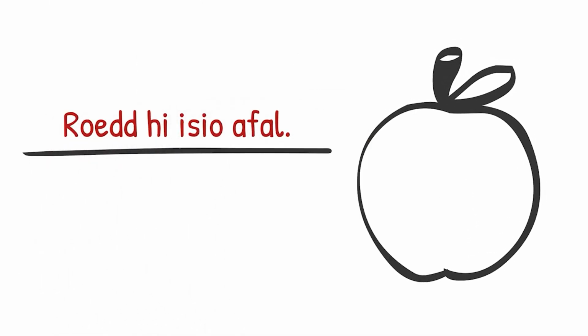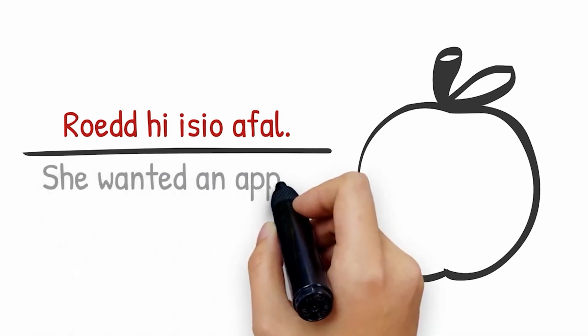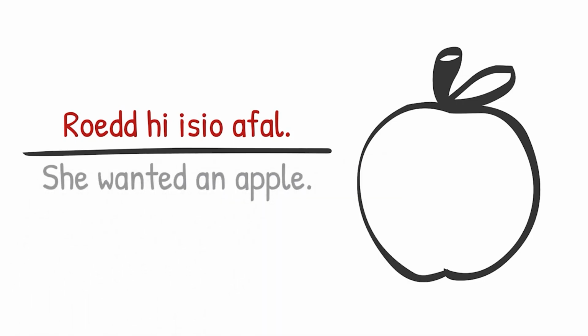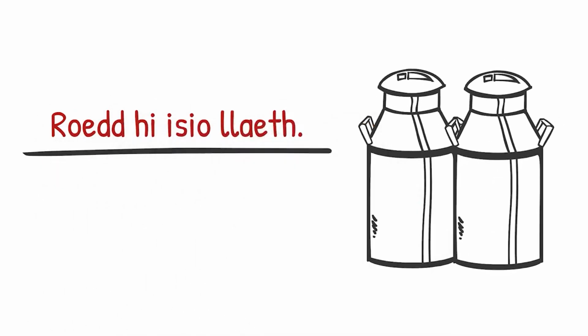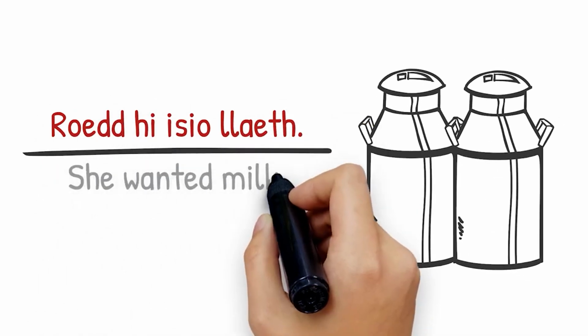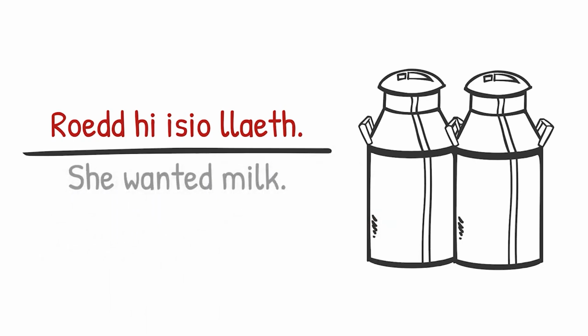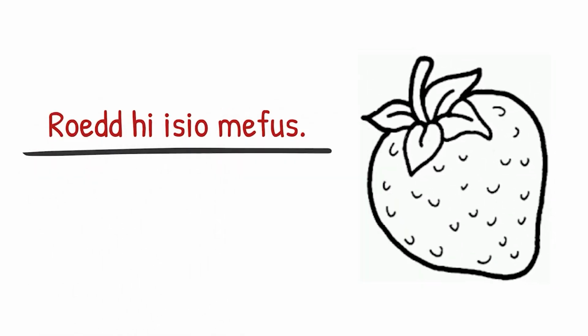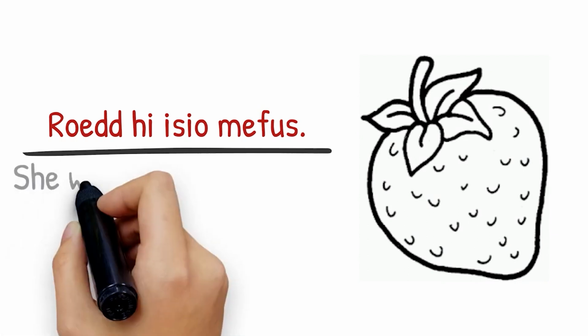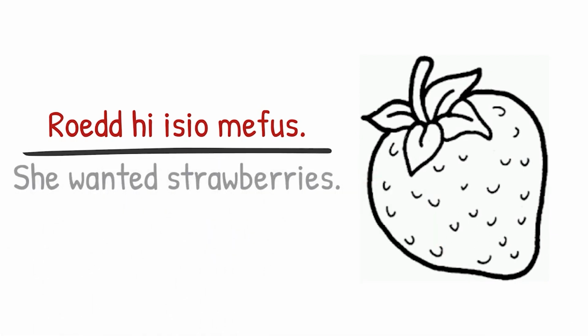Roedd hi isio afal. She wanted an apple. Roedd hi isio llefrith. She wanted milk. Roedd hi isio mefus. She wanted strawberries.